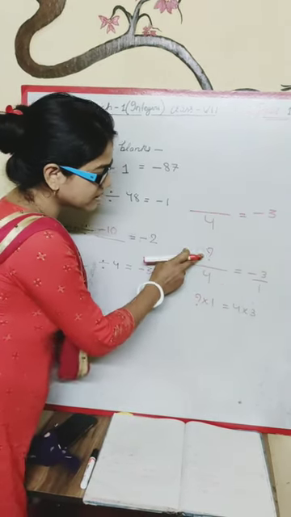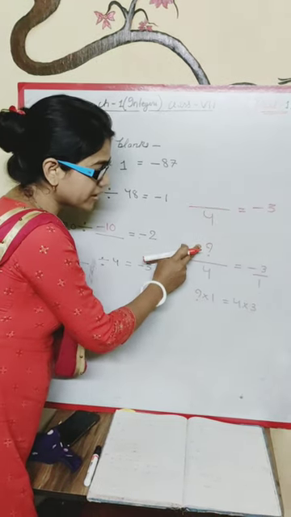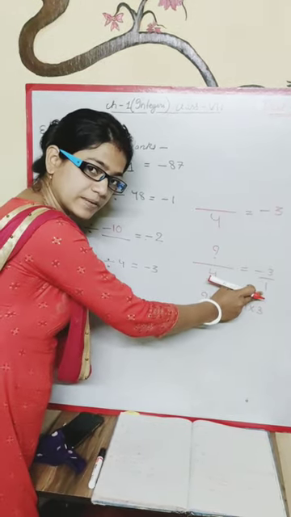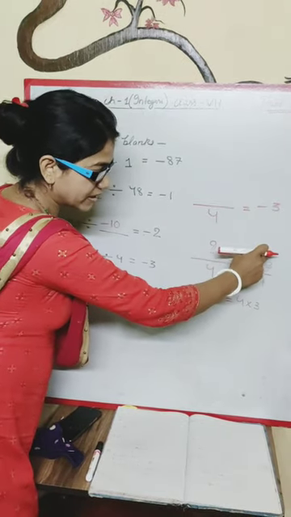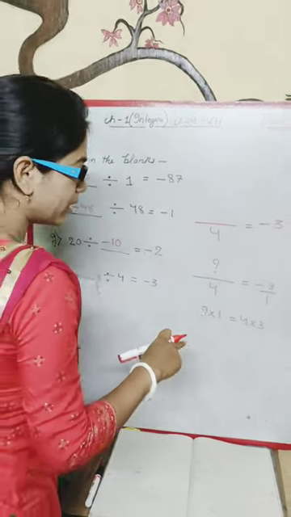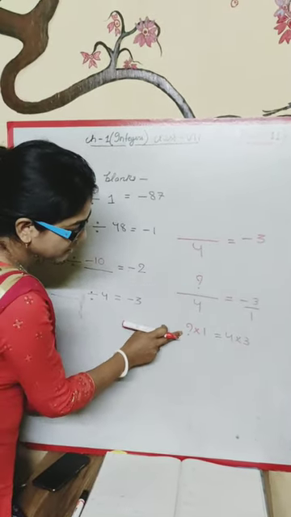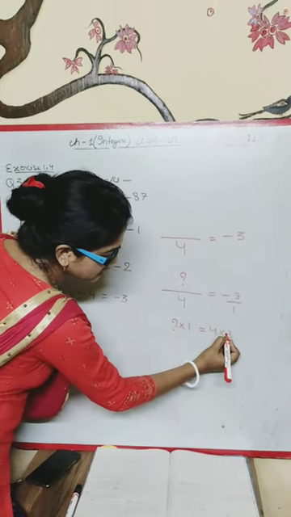Since this one is multiplied with the denominator part, this numerator should be multiplied with the other side denominator, and the second part of the numerator should be multiplied with the first part of the denominator. You just see this question mark into 1 is equal to 4 into this one, minus 3.